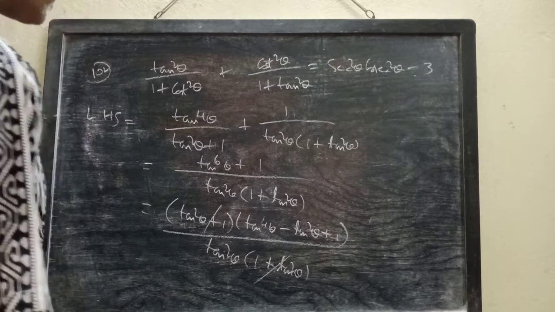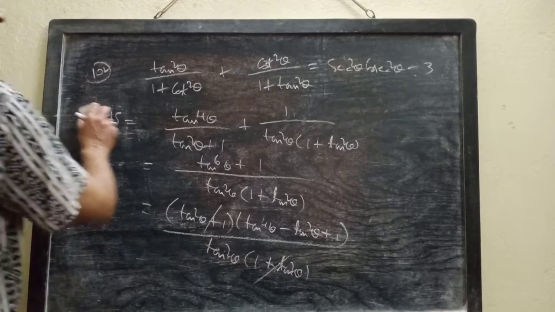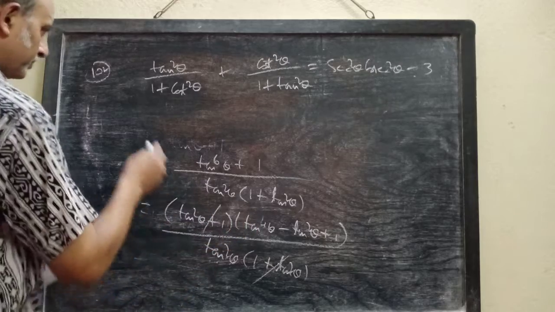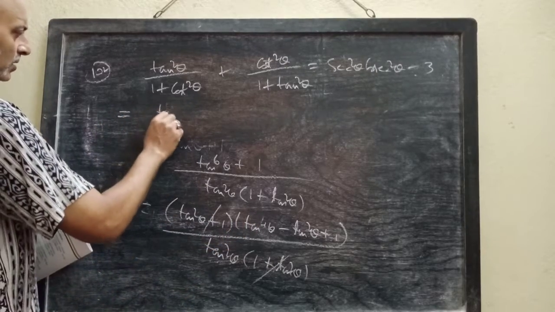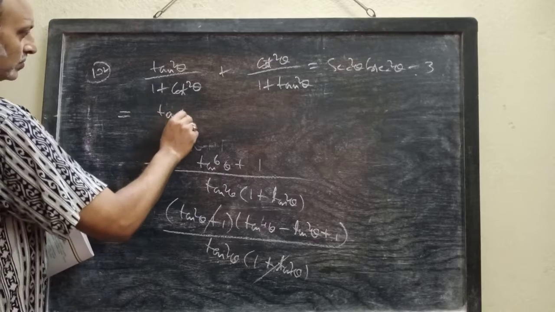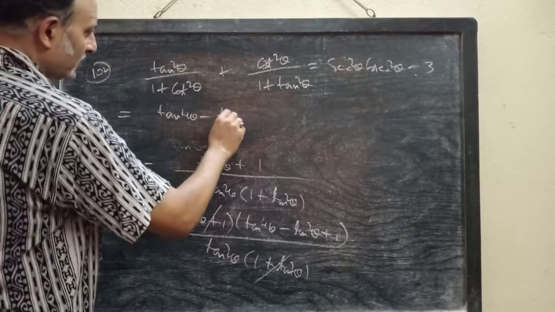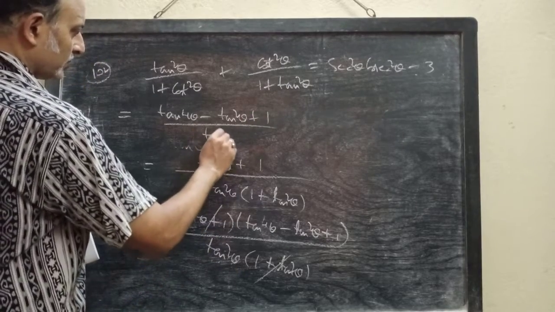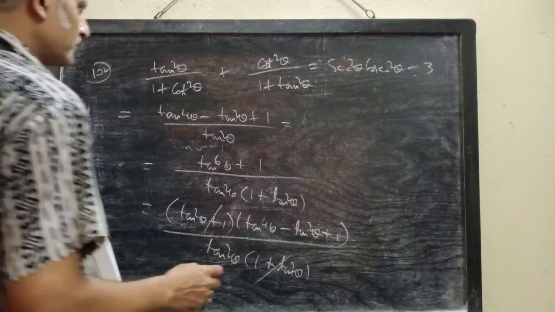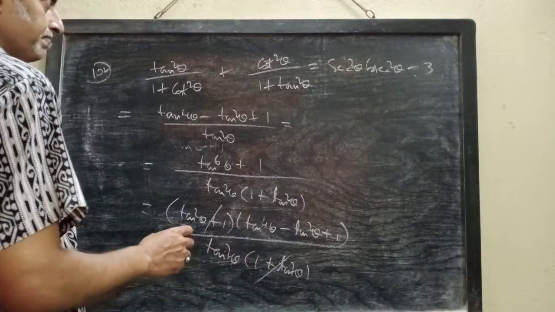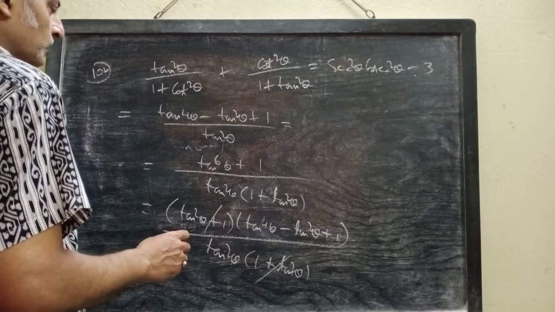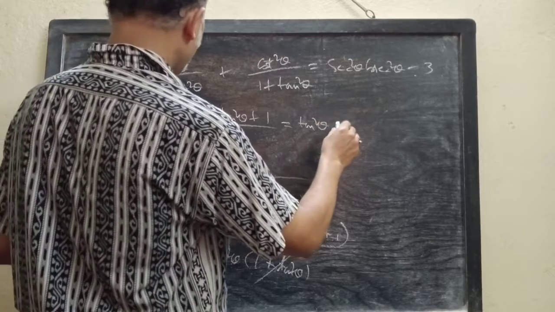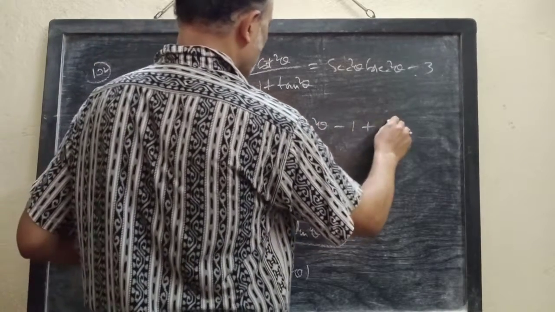Now this becomes, I'm writing here, tan to the power 4 theta minus tan square theta plus 1 divided by tan square theta. This becomes tan square theta minus 1 plus cot square theta.